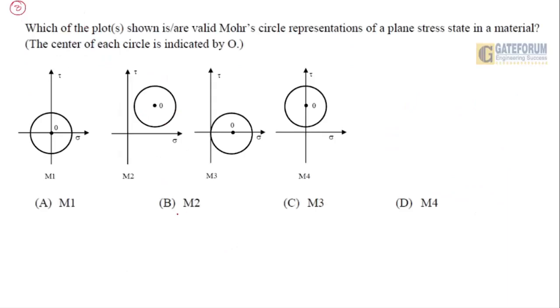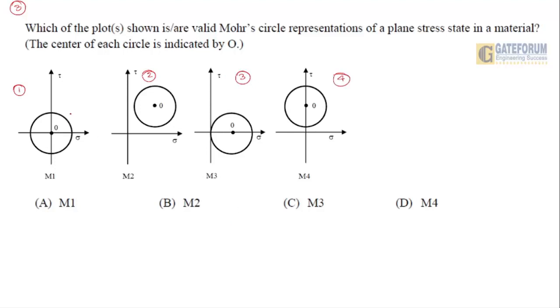Which of the plots shown is or are a valid Mohr circle representation of the plane stress state in a material? The center of each circle is indicated by O. Here there are 4 cases given to you: first case, second case, third case and fourth case, stated as M1, M2, M3, M4.